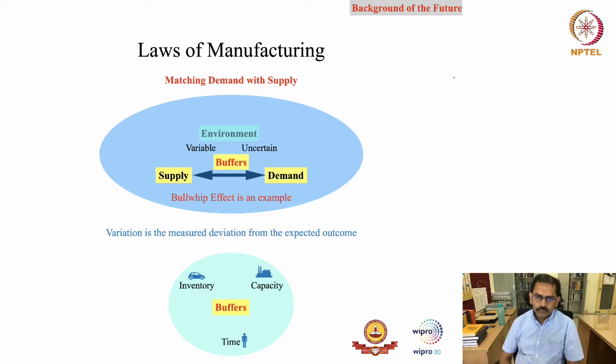If you recall, we started talking about matching demand and supply in a variable and uncertain environment, right? And we gave that example of a dam, right? So to match that supply and demand, we need some kind of buffers, and buffers become levers to match the demand and supply, right?